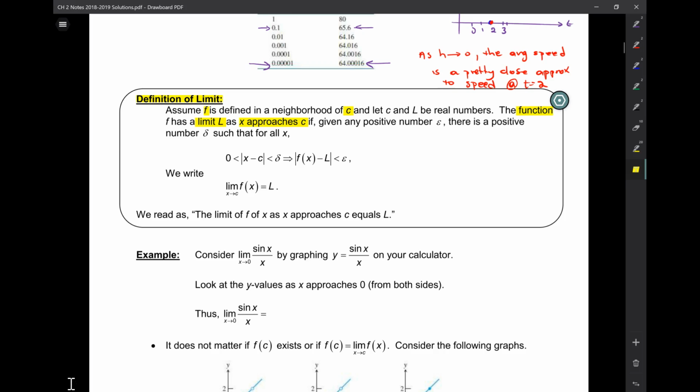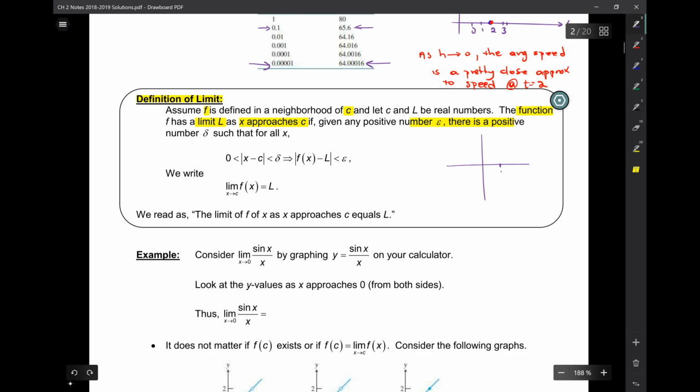That's the lowercase Greek delta, the fourth letter of the Greek alphabet, such that for all x, what is it saying? It's saying as, whoops.